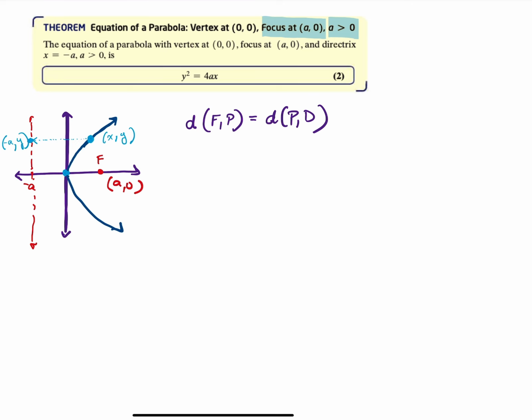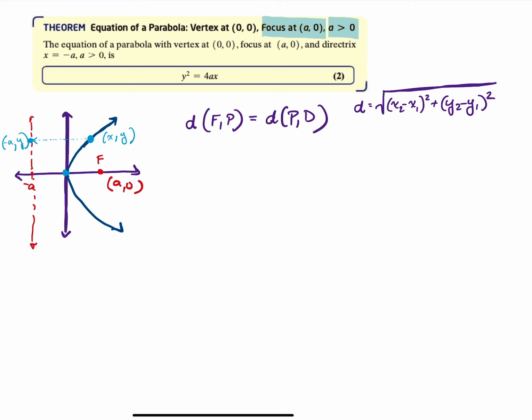The y value would be the same, but the x value would be over there with the line at negative a. So let's just set up two distance equations. Distance is the square root of x2 minus x1 squared plus y2 minus y1 squared. That's our distance formula. So let's use that 2 times here.